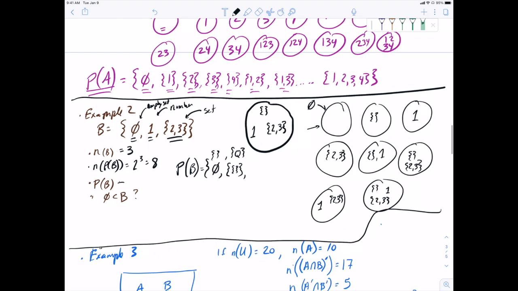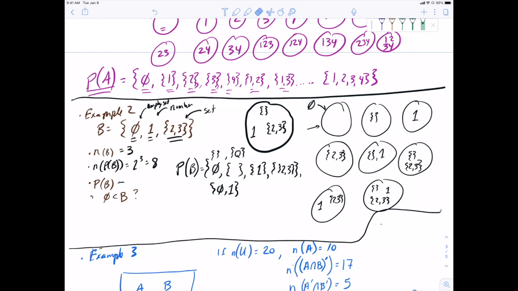Oh my goodness. The set of 1. Okay, here is the set that contains the set 2, 3. This is the set that contains the empty set and 1.